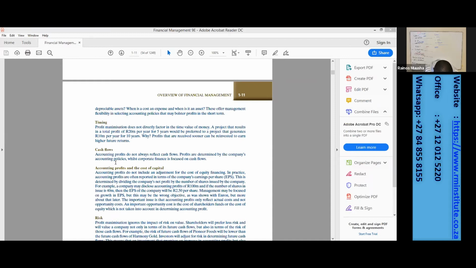The important issue is that accounting profits only reflect the actual costs and not the opportunity costs. An important opportunity cost is the cost of shareholders' funds, or the cost of equity, which is not taken into account in determining the accounting profits.